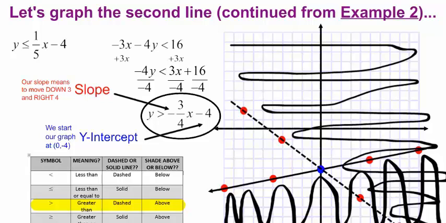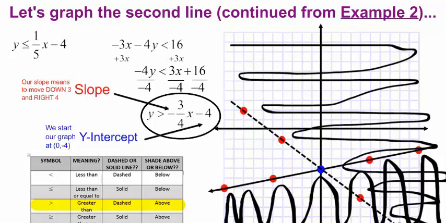Then when we divide by -4 to get y by itself, remember when you divide by a negative in an inequality, that inequality symbol flips, and so we get y is greater than -3/4 x minus 4. So if we look at this through the eyes of our slope-intercept form, that -4 tells us that that is our y-intercept.